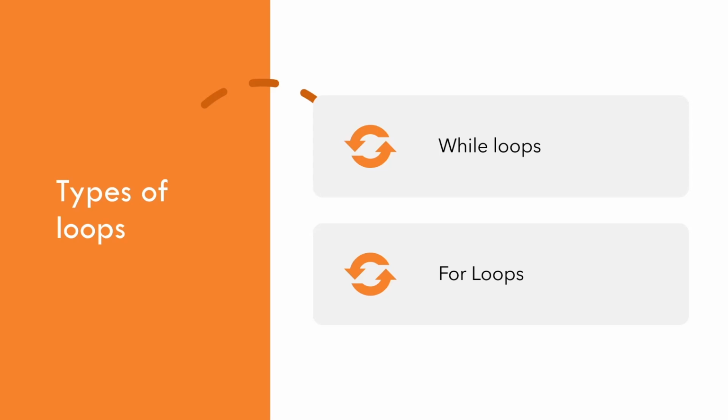Now, both of these can be used to implement any sort of looping. However, while loops and for loops are better suited for different tasks. There are tasks that are much easier to implement using a for loop than a while loop, and vice versa. But any looping behavior can be implemented with either of these. As you program more in Python and gain more experience, you'll get a better feel of when to use a for loop versus a while loop.